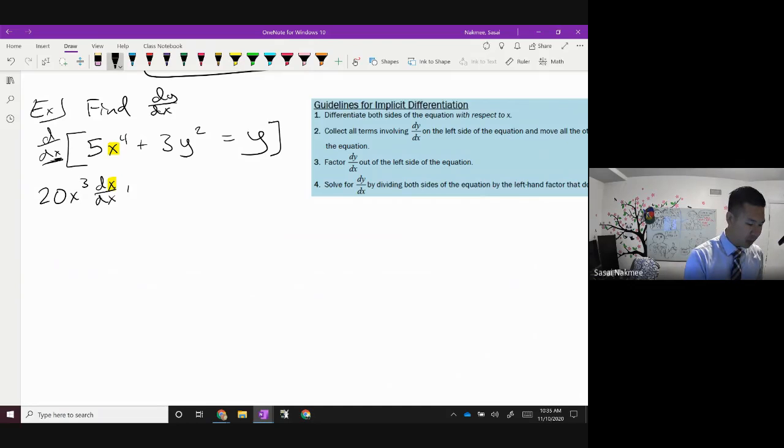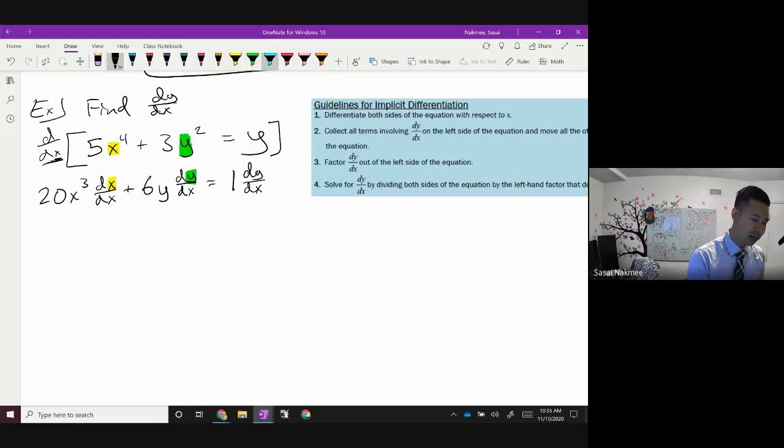And then you do the same thing for the next one. The derivative of 3y squared is 6y, but it's also multiplying with dy dx. And why is it multiplying with dy dx? Because of this guy right here being the derivative of that with respect to x. We're going to keep going here. The derivative of y itself is 1, but again, it's not just 1 by itself. It's 1 dy dx.